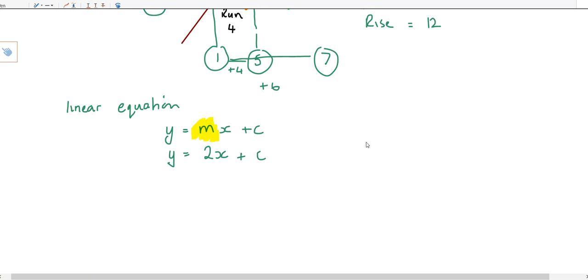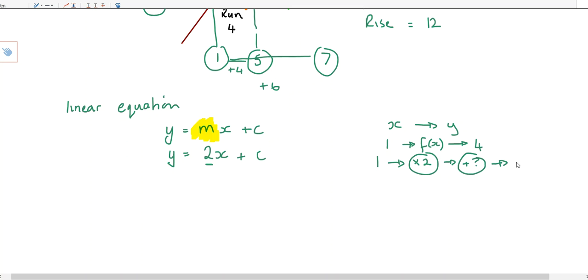Now from the points we have been told, x and y, well, 1 has to go into the function of x and give me the answer, what? 4. So I know currently that 1 goes into multiply by 2. That's this bit, 2x. So I have to multiply it by 2 and then I have to add something and get the answer 4. Right?